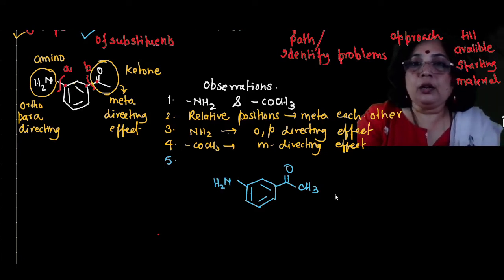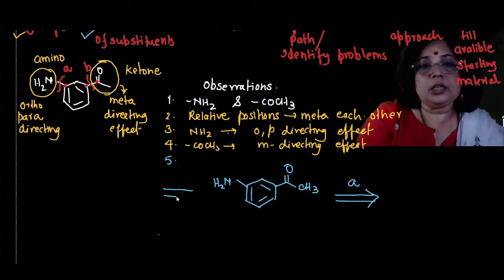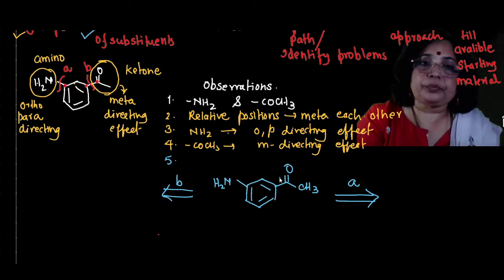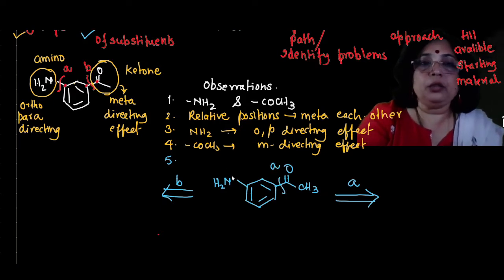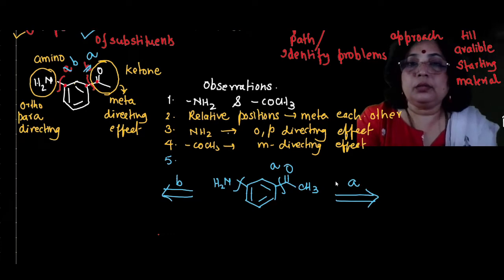Let us see. This disconnection approach will be the A path, and this other disconnection approach will be the B path. Here also, the A path and the B path I can change a little bit.